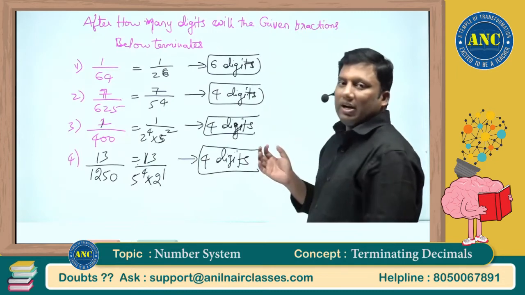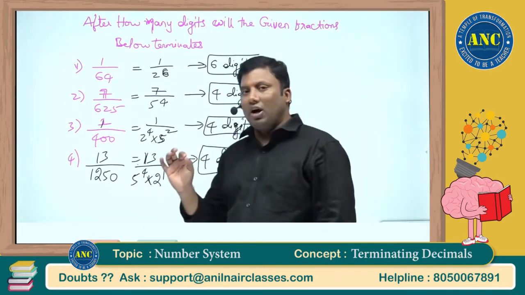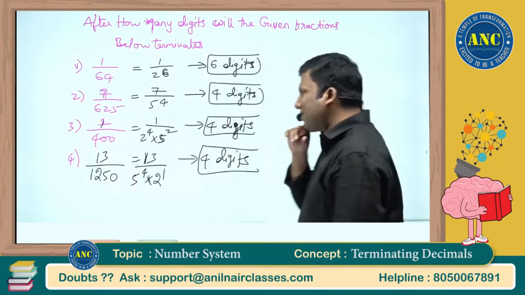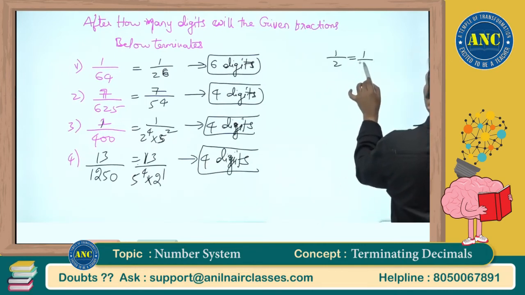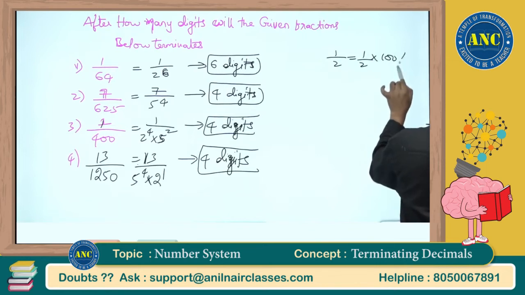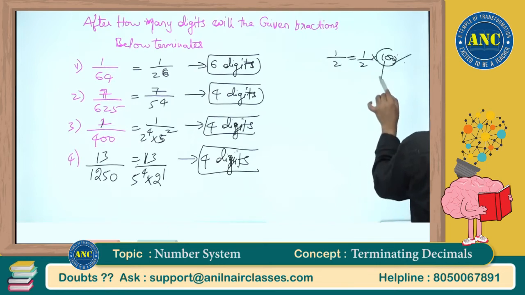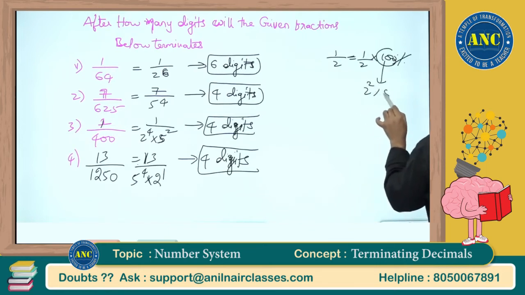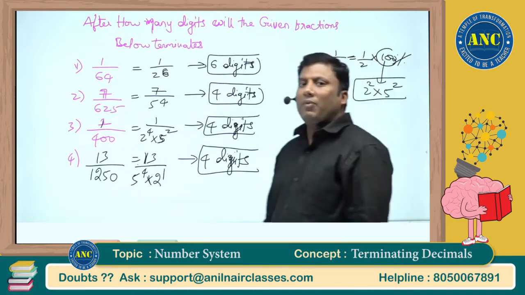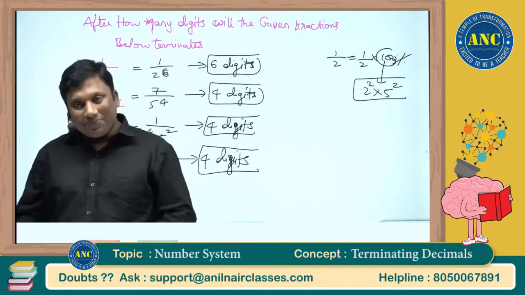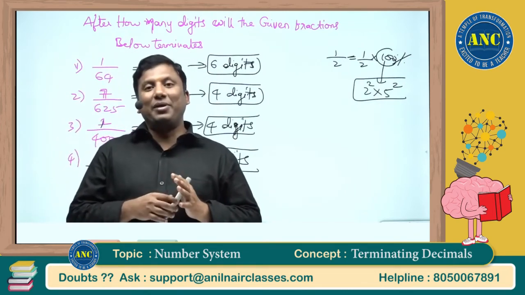Terminating decimal, terminating decimal after the dot. Right? Sir, why is it terminating? Why? Because 1 by 2, I am multiplying it by 100%. What are the prime factors of 100? 2 and 5. That is the reason when the denominator is a power of 2 or power of 5, I am getting a terminating decimal.